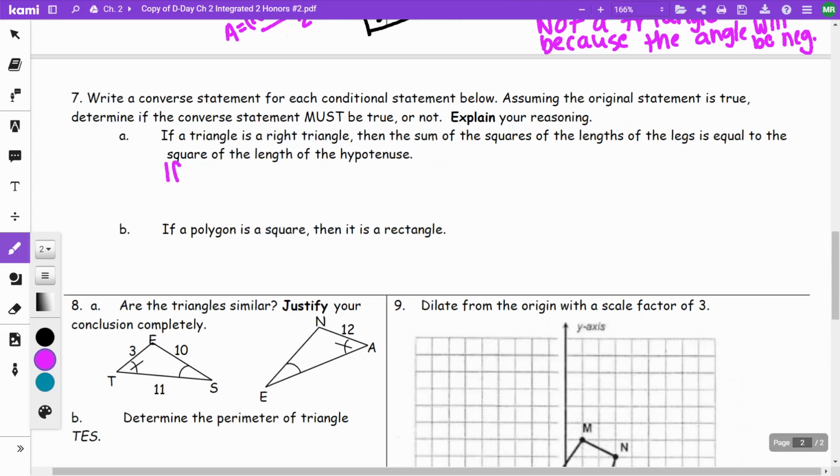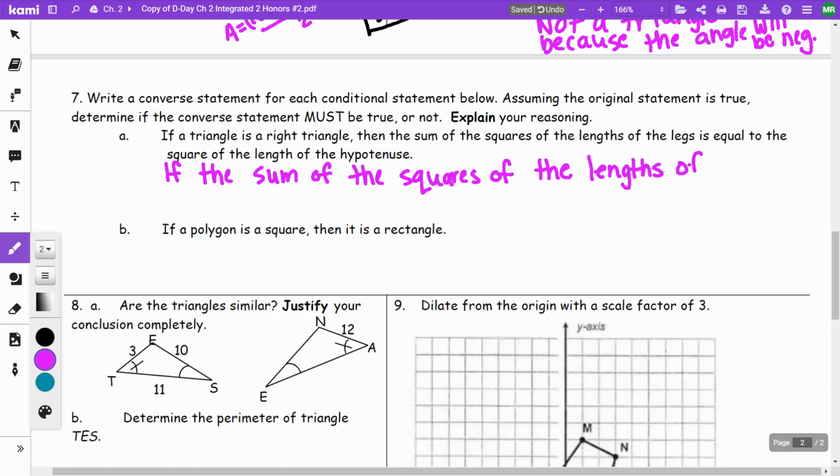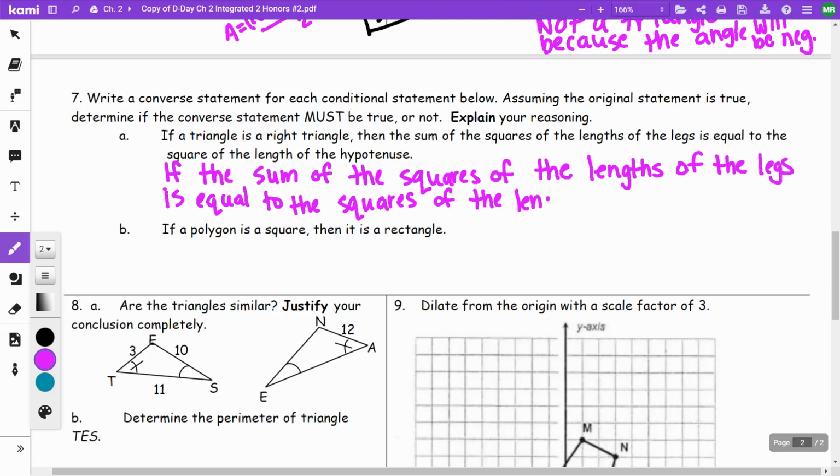So we're going to say the converse, which is if the sum of the squares of the lengths of the legs is equal to the square of the length of the hypotenuse, then the triangle is a right triangle.